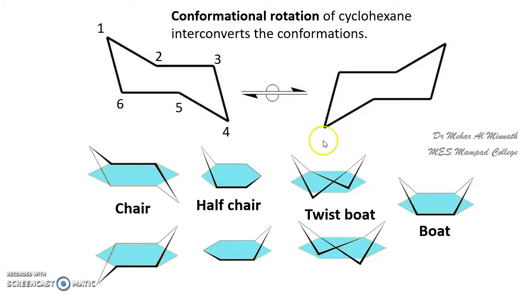If that happened at a particular instant, both carbon 1 and carbon 4 would be on the plane, and we would get a planar cyclohexane. That's energetically not possible. That is the reason why one chair conformation flips to another chair conformation via all these other conformations.